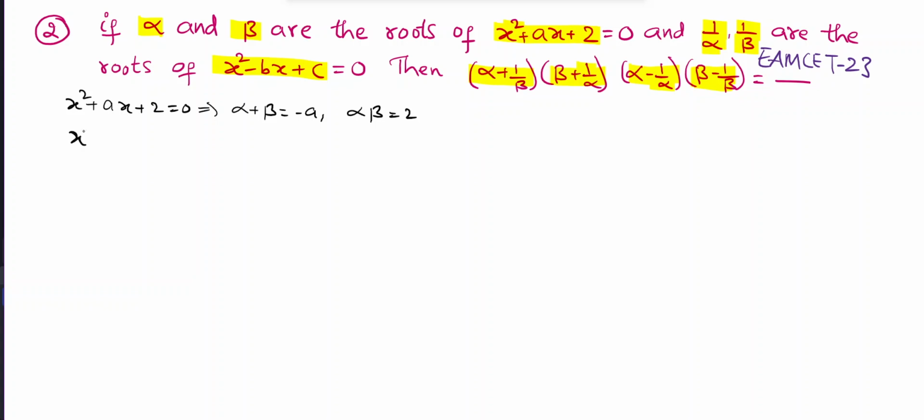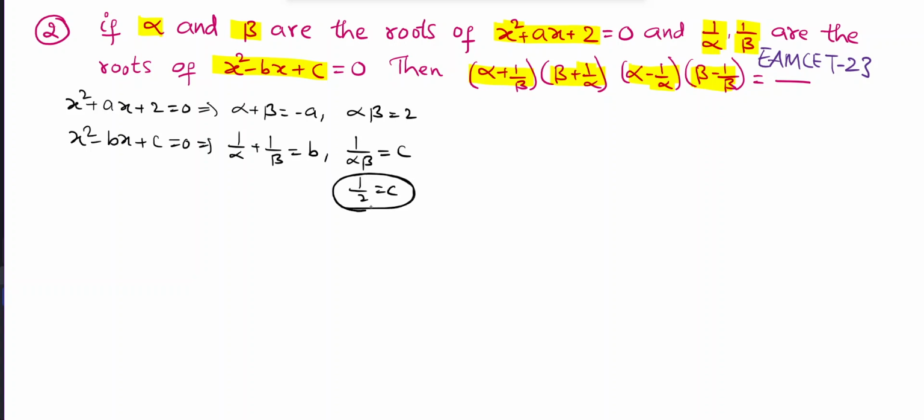The equation is x square minus bx plus c is equal to 0. So sum of the roots, 1 by alpha plus 1 by beta, is equal to b. And product of the roots, 1 by alpha beta, is equal to c. Here we know that alpha beta is 2. Substituting alpha beta is 2, 1 by 2 is equal to c. This is the value of c.